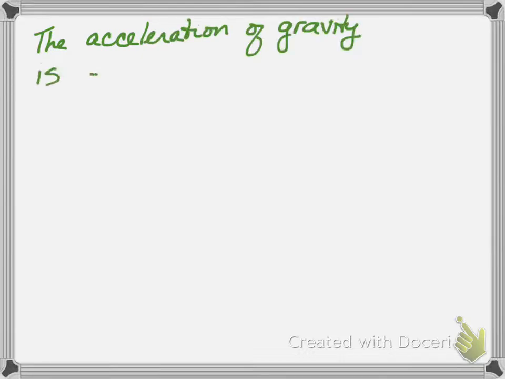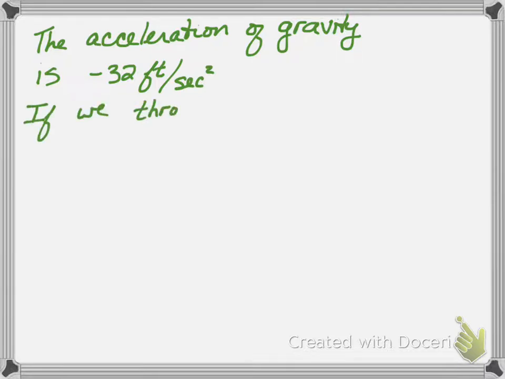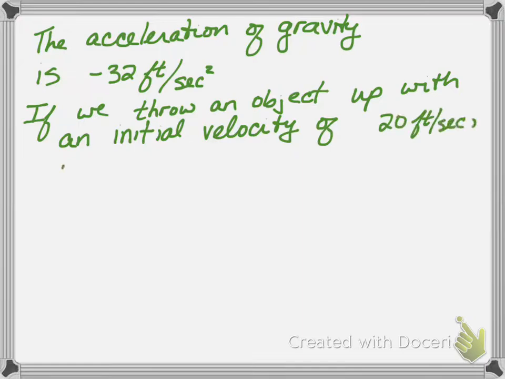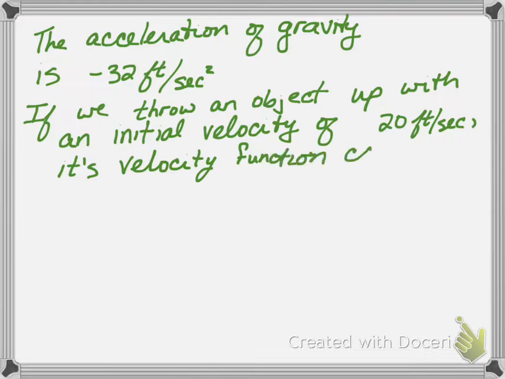So let's look at an example. The acceleration of gravity is negative 32 feet per second squared. And so let's say that we throw an object up into the air with an initial velocity of 20 feet per second. Its velocity function is the antiderivative of acceleration.